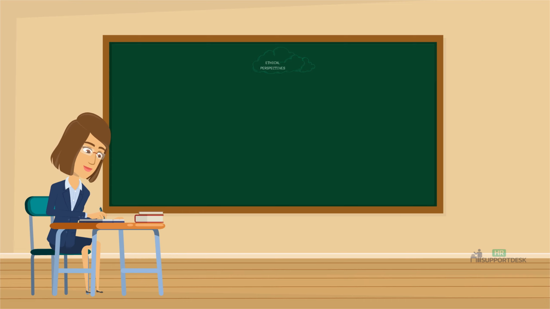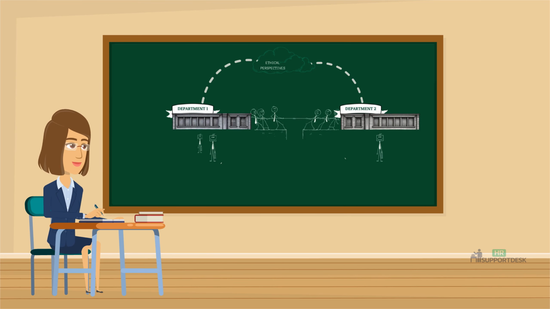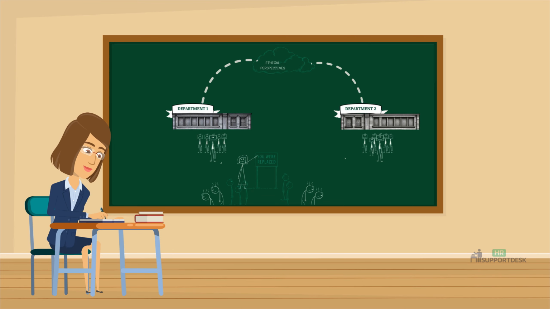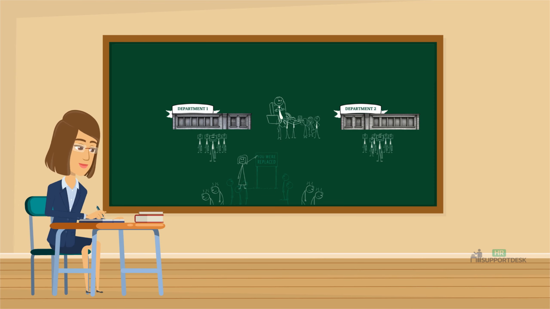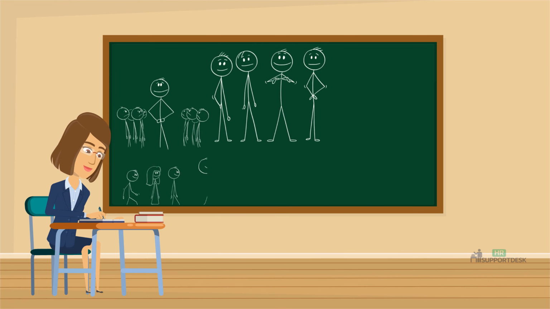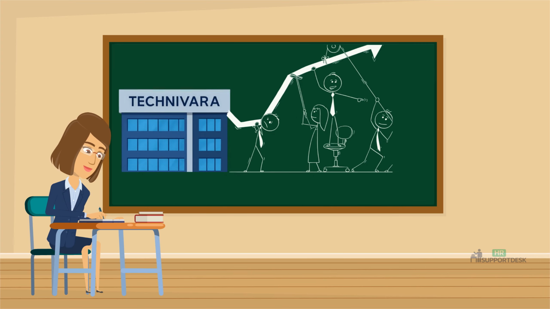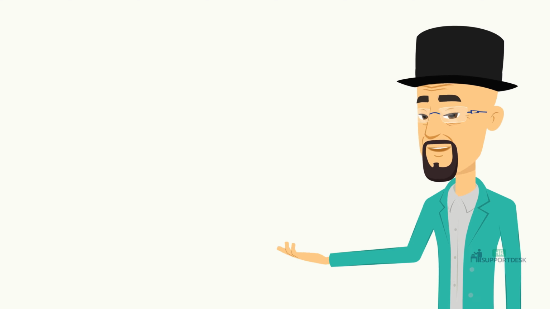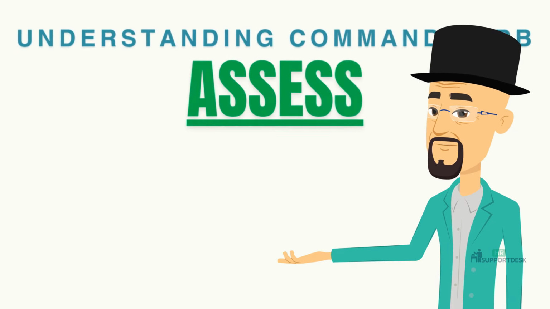Show how ethical thinking can influence factors like how Technivara handles its grievances, whether automation should replace certain job roles, how managers deal with capability or performance concerns, and whether decisions prioritize profits, employee well-being, or fairness. Consequently, your response should demonstrate how ethical thinking can influence leadership styles, organizational culture, employee relationships, and the quality of decision-making at Technivara. Now that we understand the question, the next critical step is interpreting the command verb.